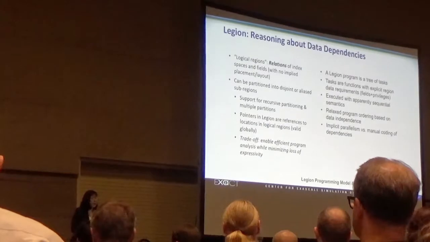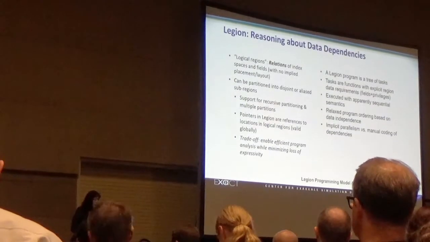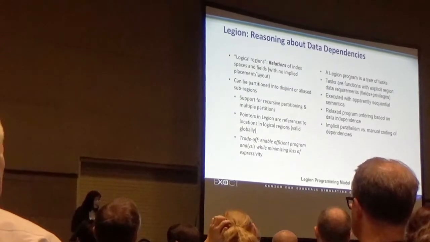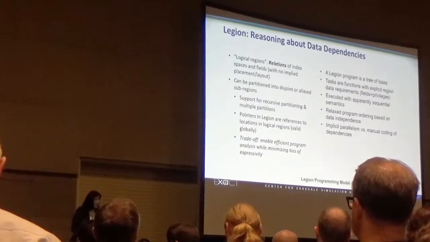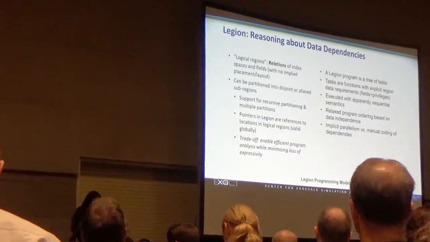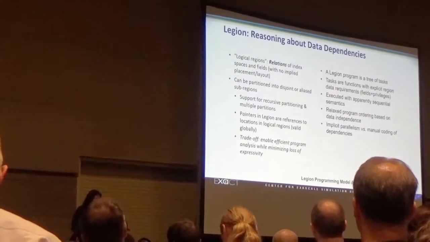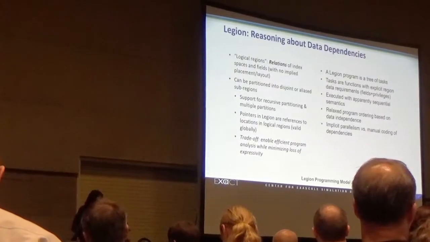And so in this way, the runtime can find implicit parallelism, both data parallelism as well as task parallelism, and it can hide latencies and do a much better job of it than if we were to manually try to code this complex set of dependencies between the solver and analytics.